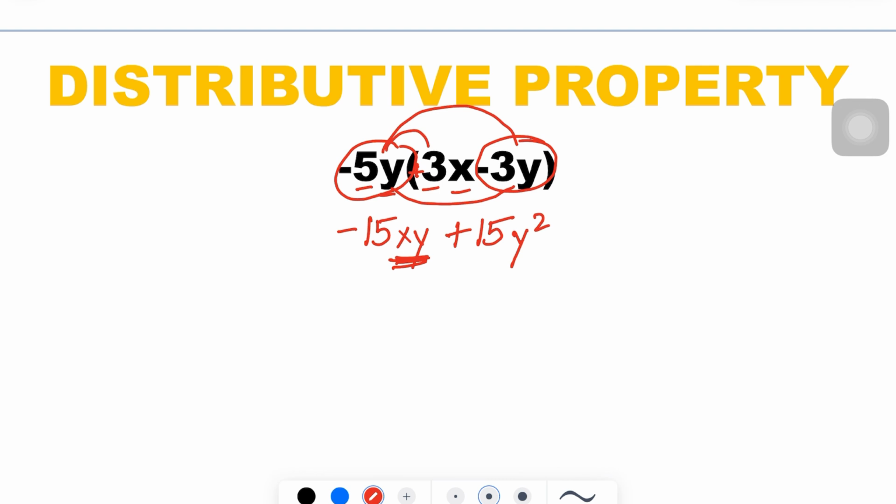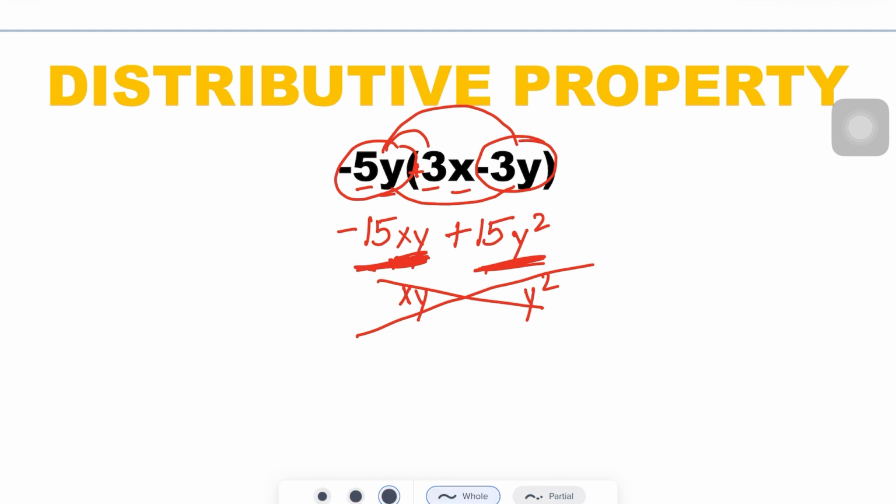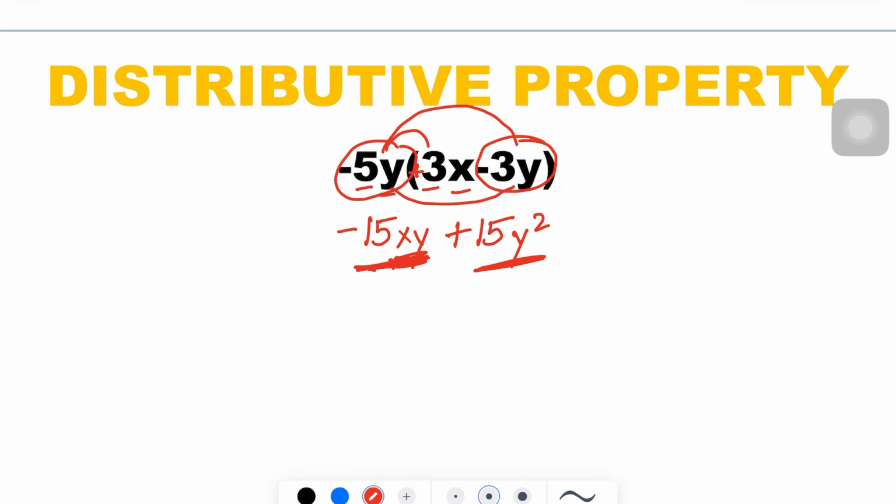Can we combine this term and this term? No. Why? Because in here, your variables are x, y. In here, your variable is y squared. Therefore, you cannot combine them. I hope that's clear. So what's your final answer? That's your final answer. Is that clear? So this is your final answer.